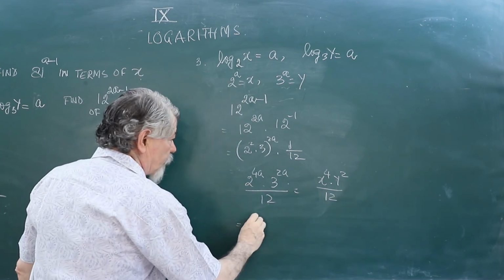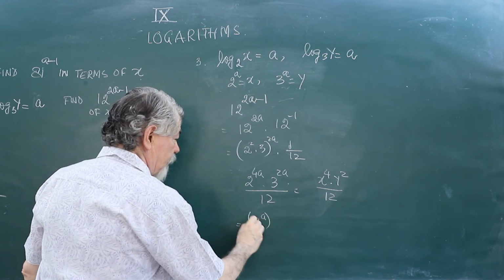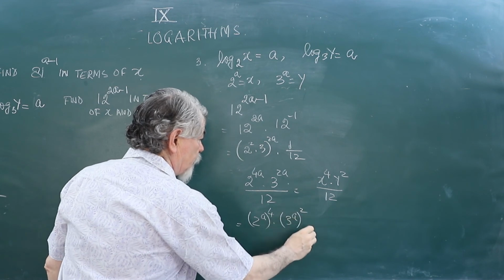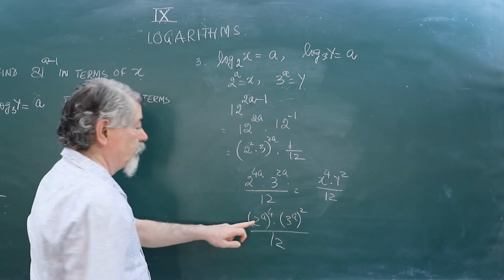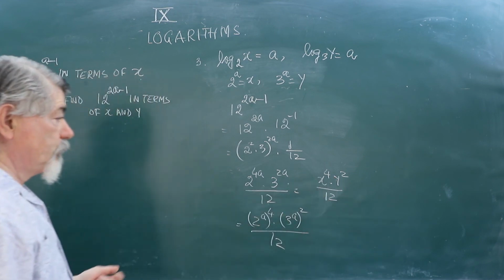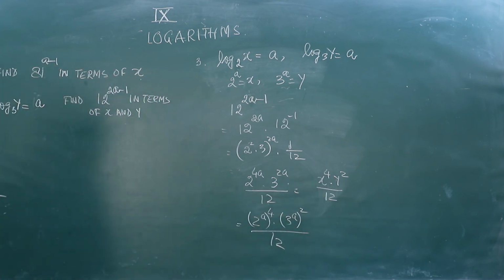If you want to understand, 2 to the power a squared, 3 to the power a upon 12. 2 to the power a is x, 3 to the power a is y, so x squared y upon 12.